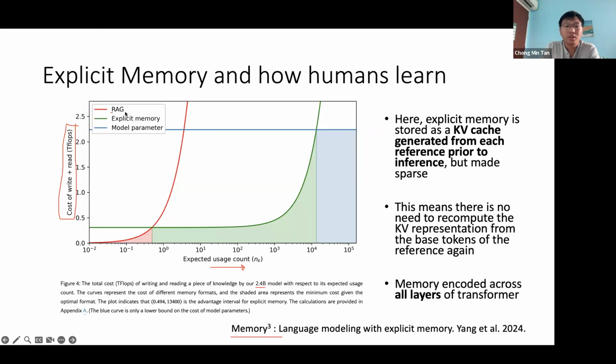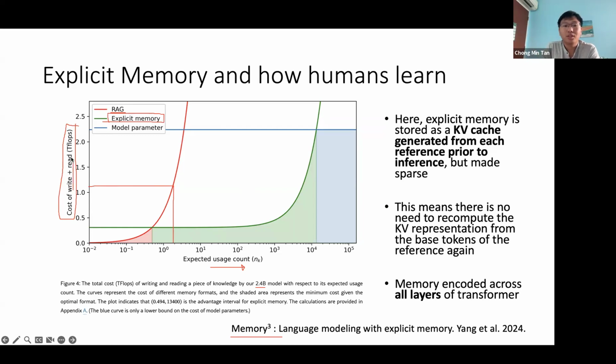So if you just use RAG only, basically you need to keep retrieving the memory every time you want to use it. Versus if you store it in a KV cache, once you store it in the KV cache, you don't have to retrieve anymore.